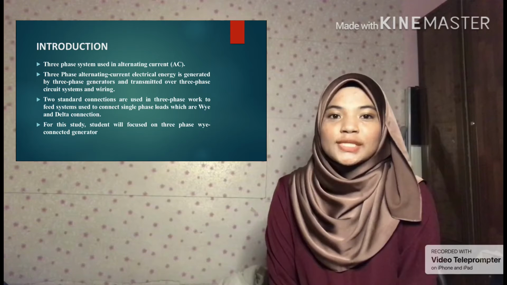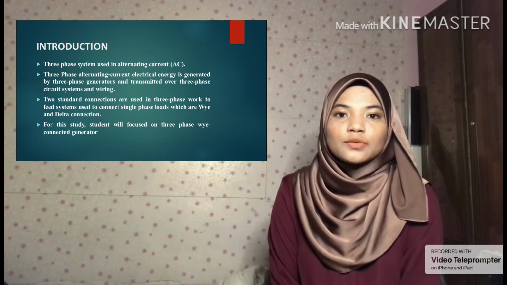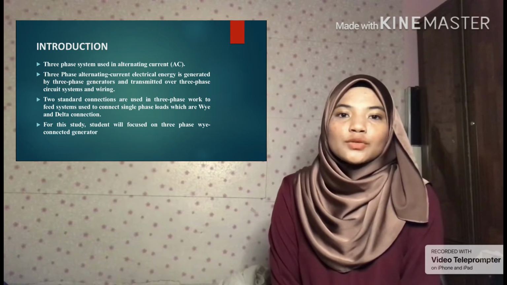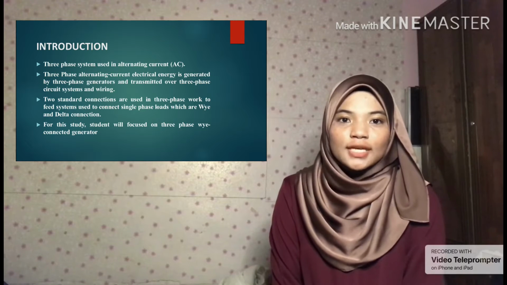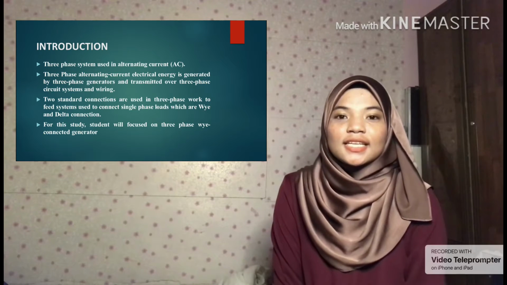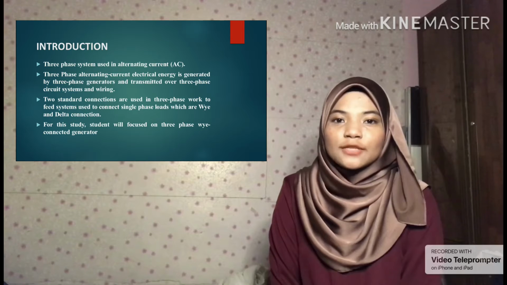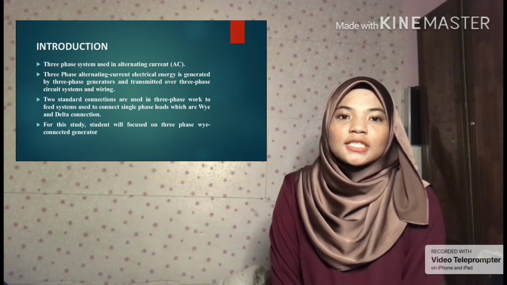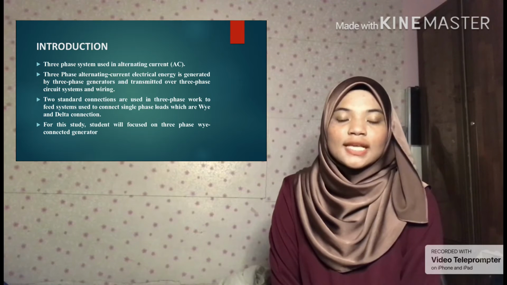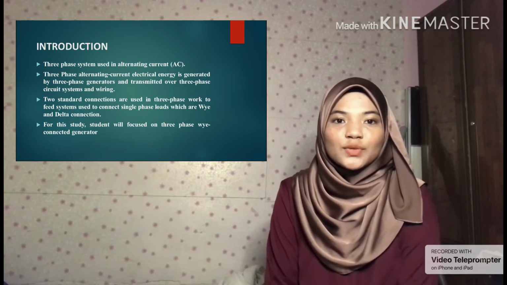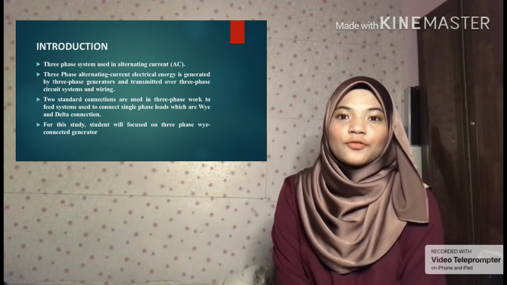There are only 2 standard connections used in three-phase work to connect single-phase loads, which are Y and delta connection. In the study, students will focus on three-phase Y connected generator, transmission loss and load with acceptance, power factor lagging and frequency as stated according to Electricity Supply Application Handbook Volume 3.